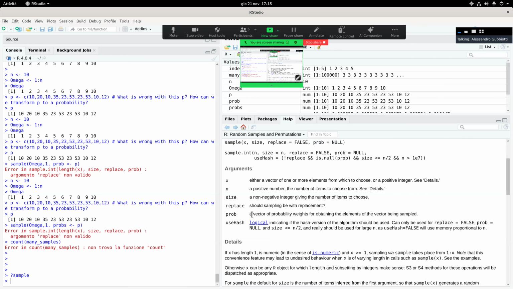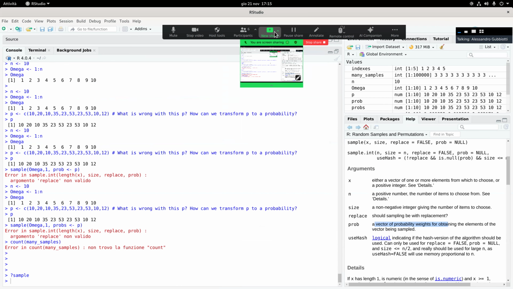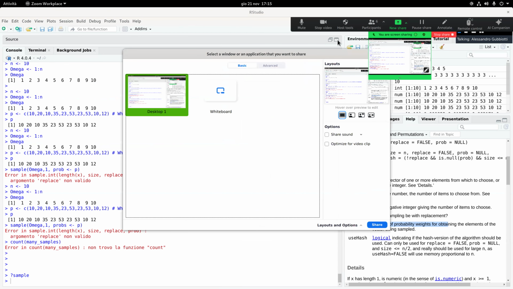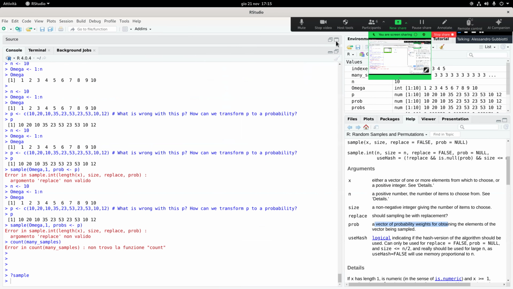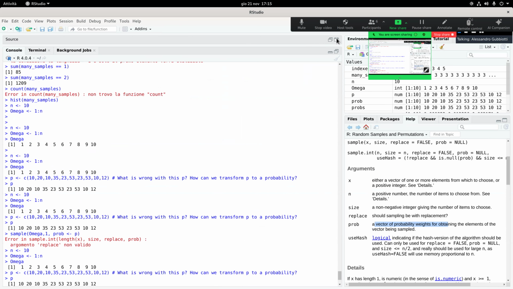It's a vector of probability weights for obtaining the elements of the vector being sampled. The probabilities have to sum to 1, and we need to divide, of course, as you said.